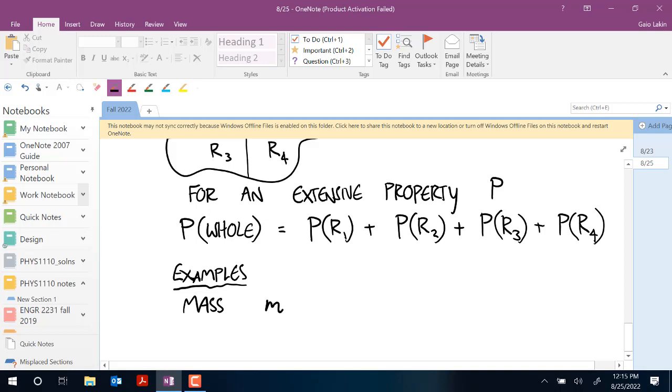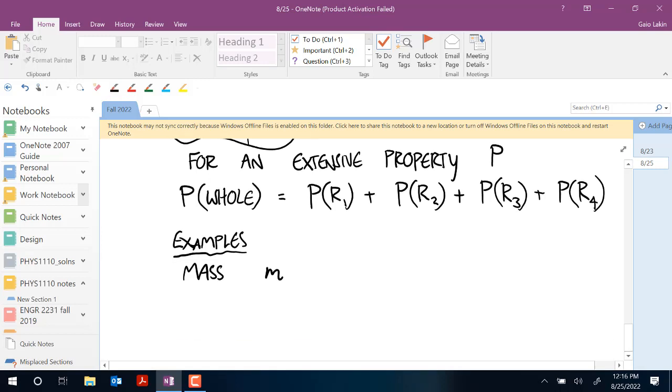This is really the only extensive property that I can think of that's going to be denoted with a lowercase. Usually intensive properties are going to be lowercase and extensive properties are going to be capital. But mass is extensive.